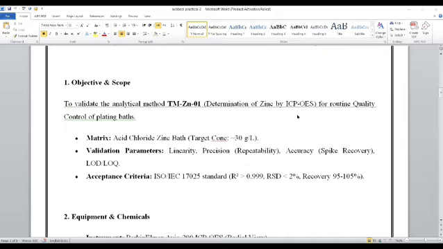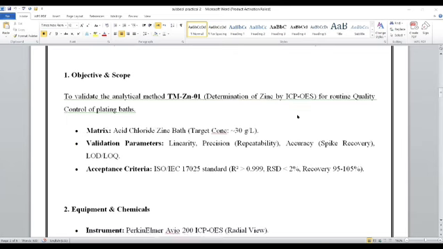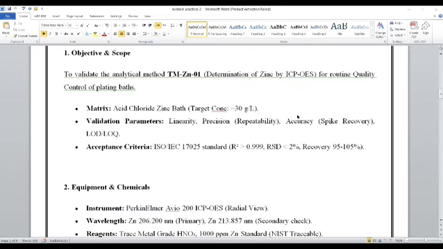The validation was performed according to ISO/IEC 17025 requirements. Validation parameters include linearity, precision, accuracy, limit of detection, and limit of quantification.